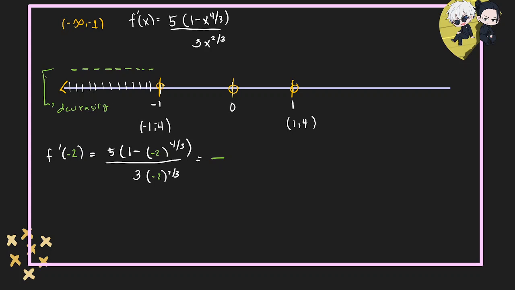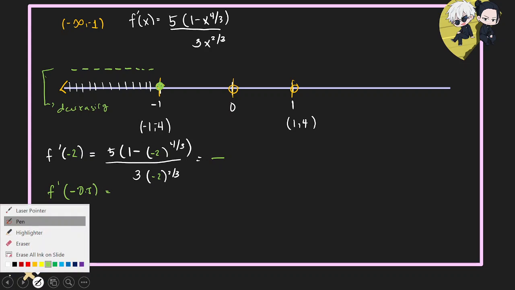So para malaman natin si 1, kung siya ba ay critical point or not, kung siya ay increasing or decreasing, alamin natin to. From negative 1 to 0. So give me any value from negative 1 to 0. Or 0.5, from negative 1 to 0, 0.5 na lang, no?